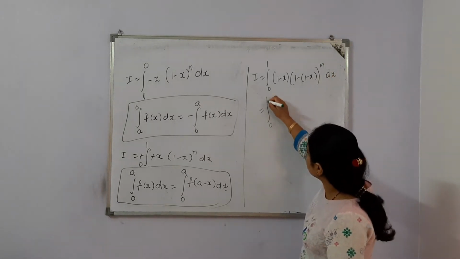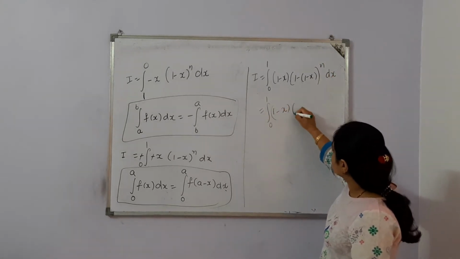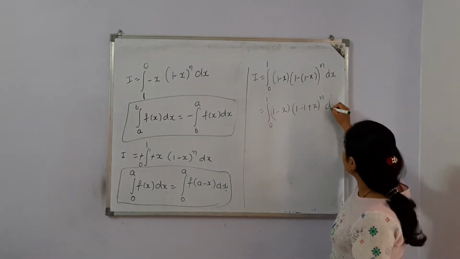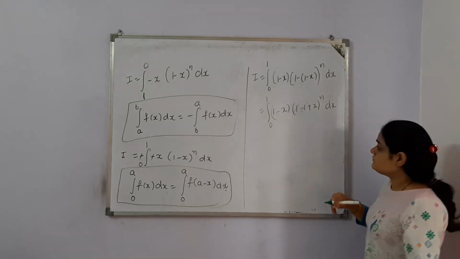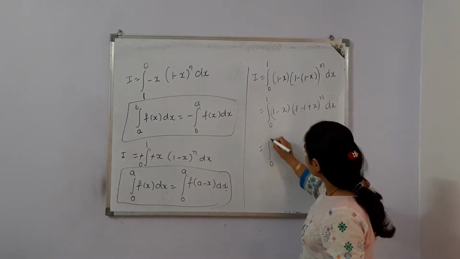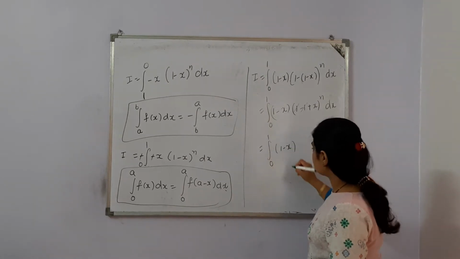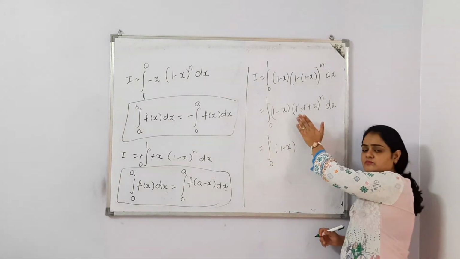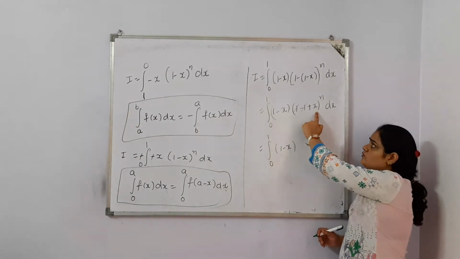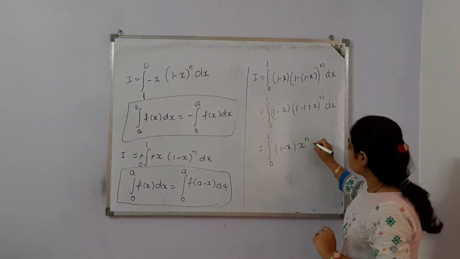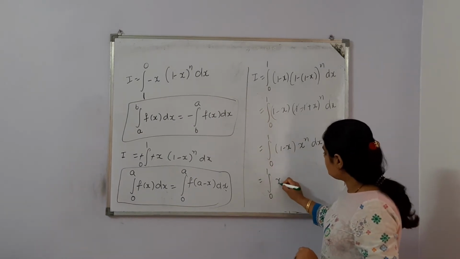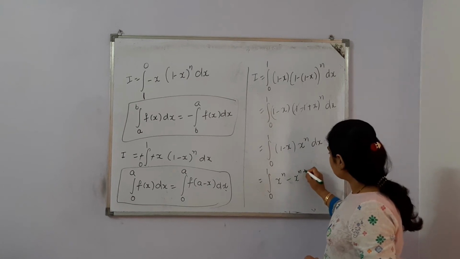Now what we are going to get, 1 minus x, 1 minus 1 minus x whole raised to power n dx. The negative 1 will cut out with the positive 1 and we'll get x raised to power n. This is the same as the previous question. Now 1 minus x into x raised to power n. Now we can multiply x raised to power n inside. It becomes x raised to power n minus x raised to power n plus 1. Now can we integrate?